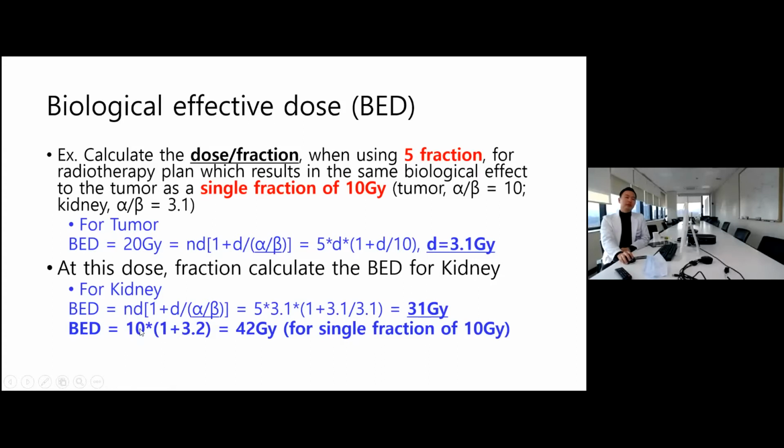It actually shows the importance of fractionation to reduce the toxicity in the normal tissues. And you can refer to that: tissue with a low alpha beta ratio is more sensitive to fractionation.